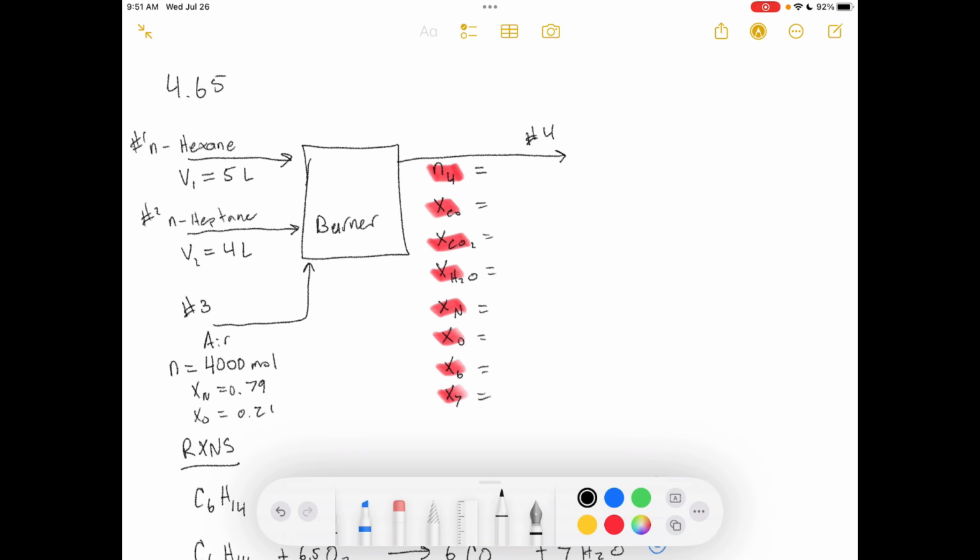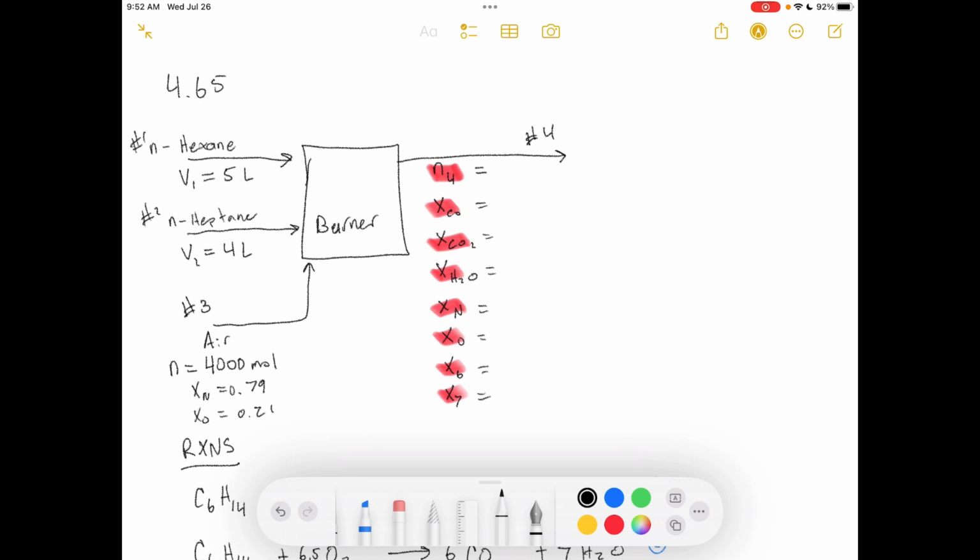Today we're working out of Elementary Principles of Chemical Processes, 3rd edition, and we're doing problem number 4.65. The problem statement says 5 liters of liquid n-hexane and 4 liters of liquid n-heptane are mixed and burned with 4,000 gram moles of air.